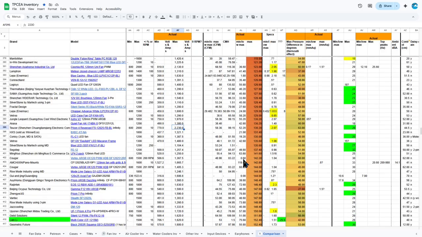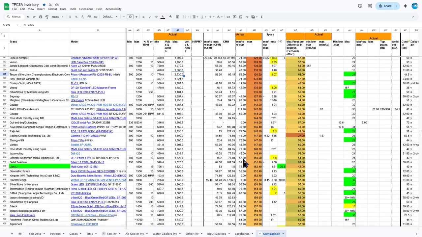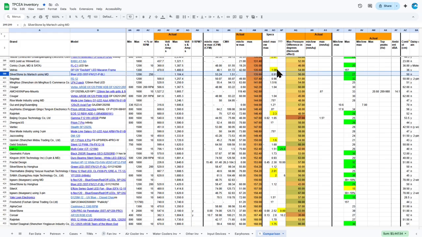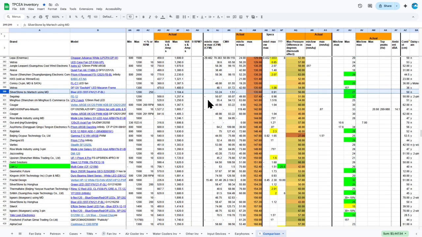So as we go up in RPMs, we can see that although we have some fans that are very low, like the Silverstone here at only 1104, but 135, so it's half the RPMs of the Tusser and 5.4 more CMHs.